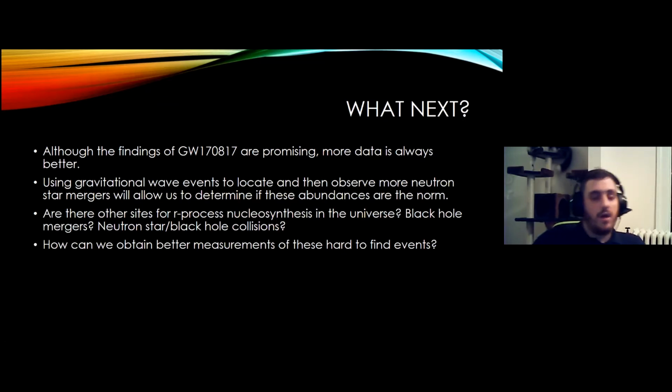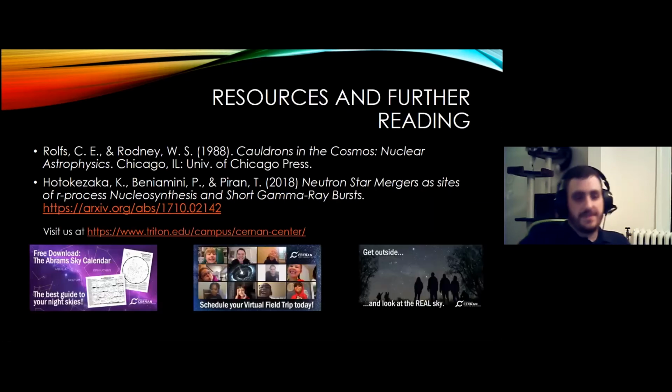And then if you are interested in this topic, in our process, or anything to do with stellar nucleosynthesis, nuclear astrophysics, here are a couple of resources for you. One of them is the Cauldrons in the Cosmos, the nuclear astrophysics book that I was recommended to read, and I highly recommend it if you are interested in this. It does have some really great information.